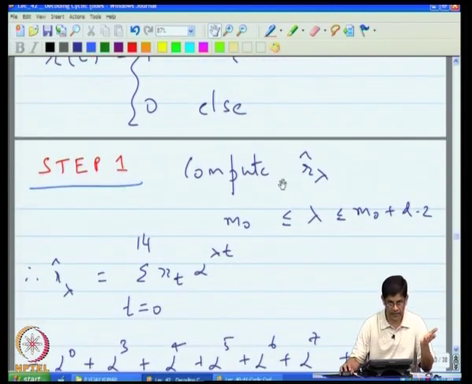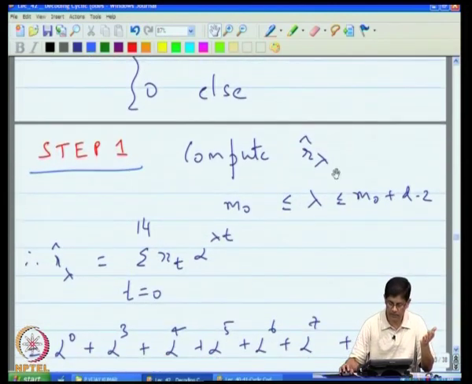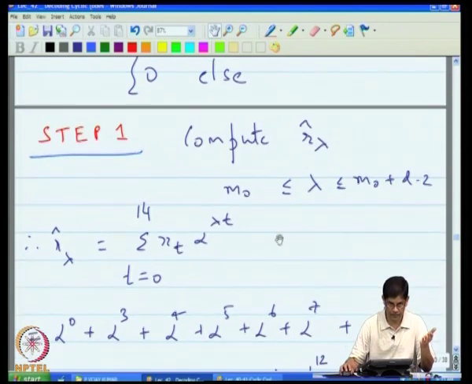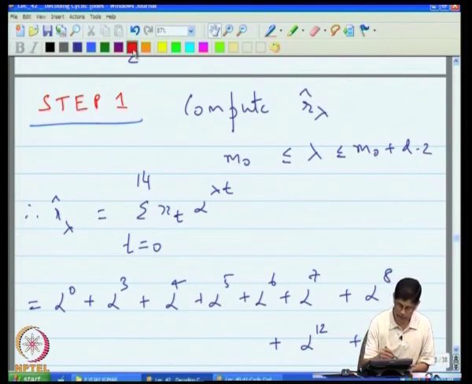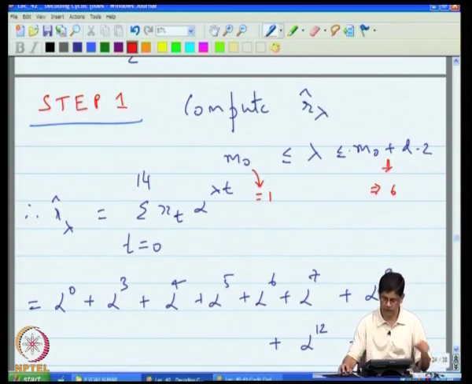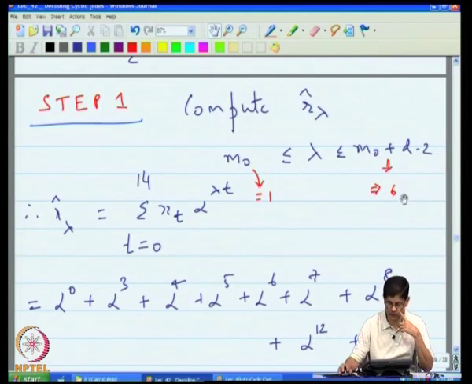Now, we want to actually carry out decoding. The first step is to compute r hat of lambda, for the frequencies lying between m0 and m0 plus d minus 2. Recall that here m0 is equal to 1, and this upper limit is equal to 6, because this is 1 plus 7 minus 2, which is 6.